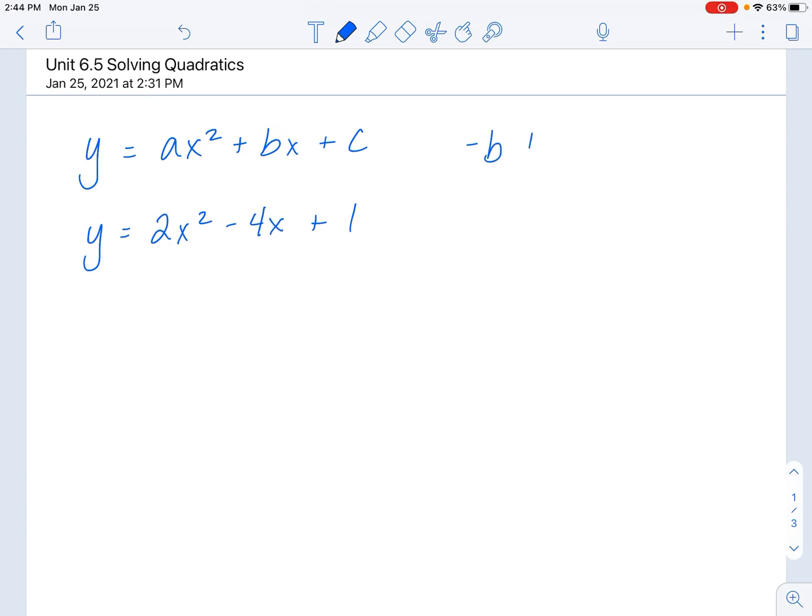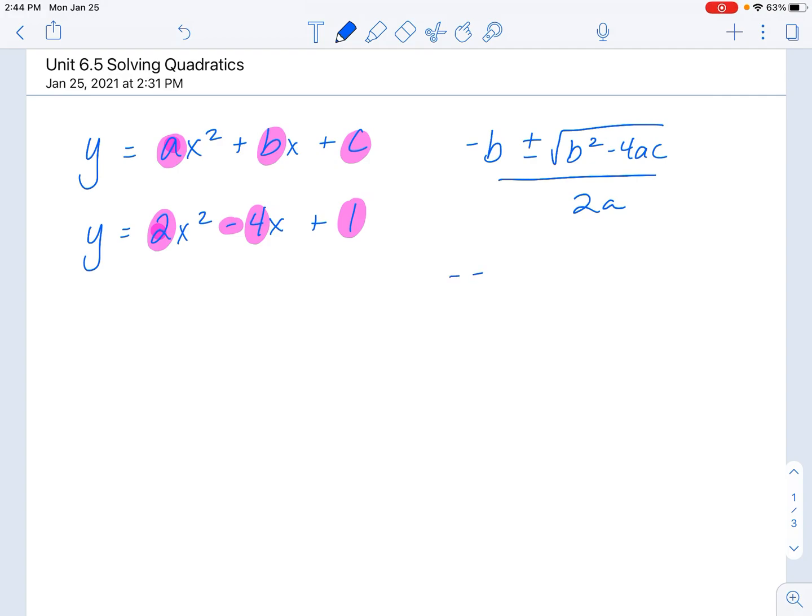And the quadratic formula is negative b plus or minus the square root of b squared minus 4ac all over 2a. Now, a is 2, b is negative 4, and c is 1. So you would dutifully take, b is negative 4.